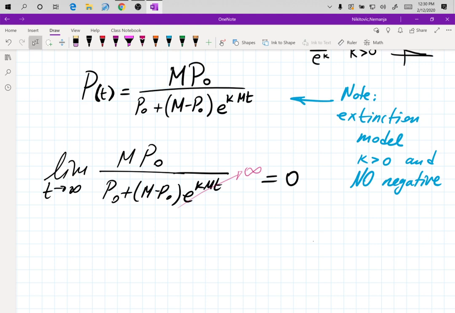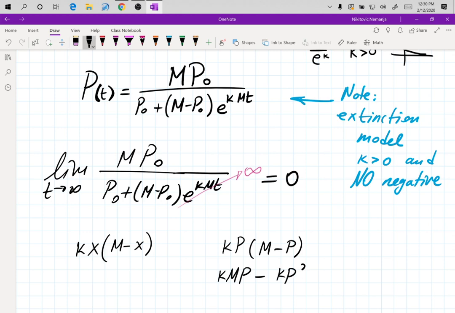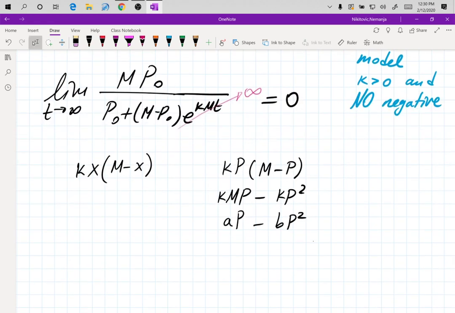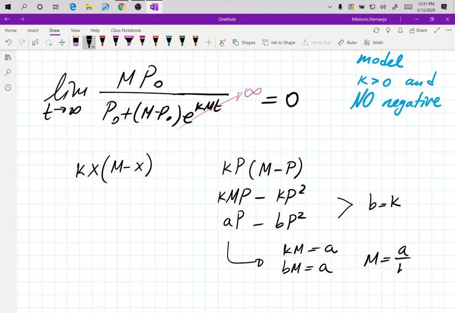We did say before that we have k x (m minus x), which I connected to k p (m minus p), and then I said k m p minus k p squared, and then we said a p minus b p squared, from where you can make a connection that b equals k, and if b is equal to k, then for the first coefficients here, you would have that k m is equal to a, but k is b, so b m equals a, from where m is equal to a over b.